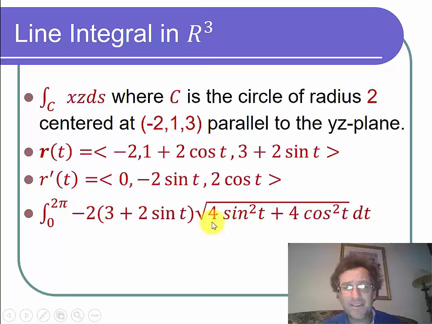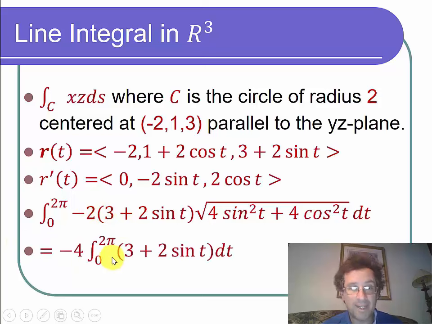But take a look at this. 4 sine squared t plus 4 cosine squared t is just 4, and the square root of 4 is 2. 2 times -2 is -4, and we can bring that outside. So this line integral now equals -4 times the integral from 0 to 2 pi of 3 plus 2 sine of t dt.